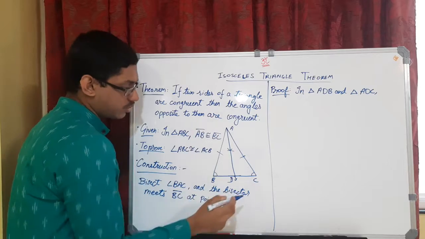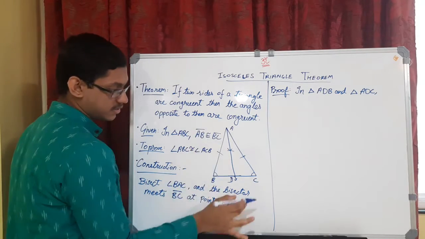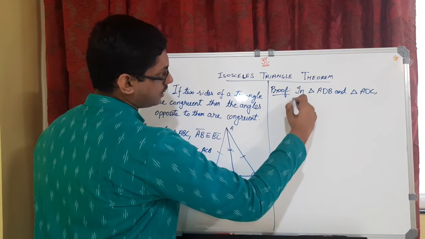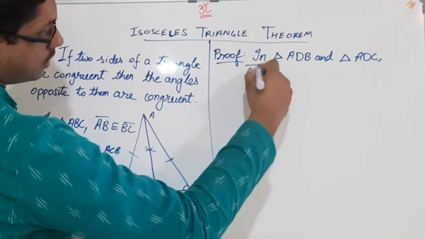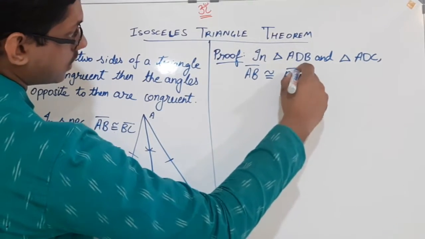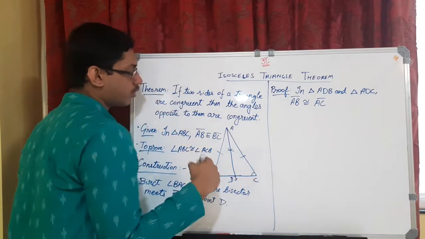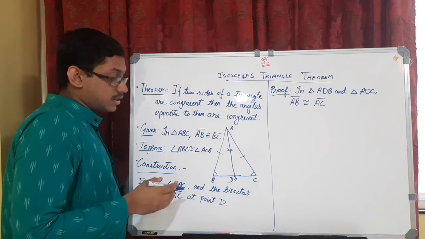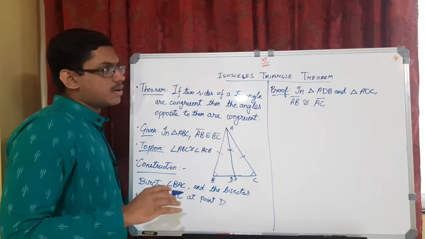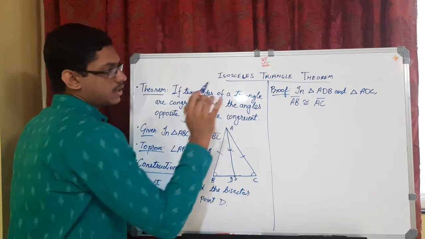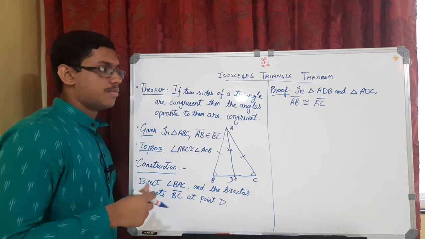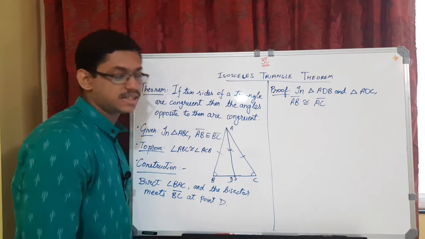AB is congruent to AC because it is given first of all. So we will write AB congruent to, this is the congruent sign, AC. Remember, in proofs where we have to write this, in the isosceles triangle theorem and in this chapter itself, replace equal to by the congruent sign. Okay, it is the best way of representing it.